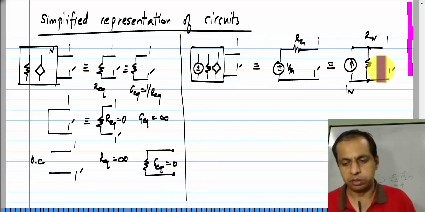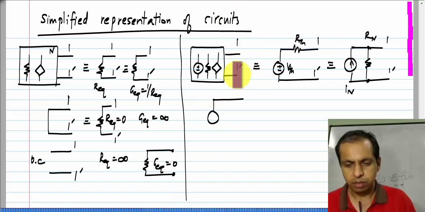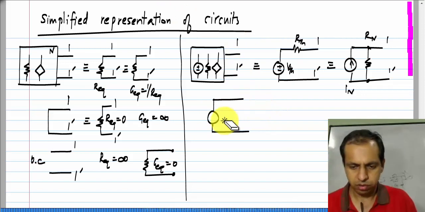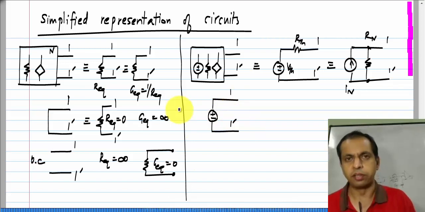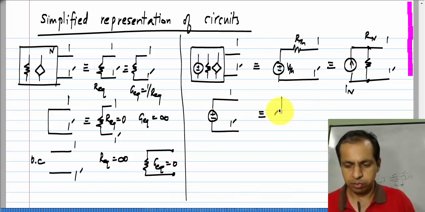Similarly, coming back to these equivalent circuits, Thevenin and Norton, let us take a simple case where between these two we have a voltage source. The entire circuit consists of a voltage source. Again, it could be a single voltage source or it could be the equivalent effect of a complicated circuit. Now, clearly this can be represented with VTH.